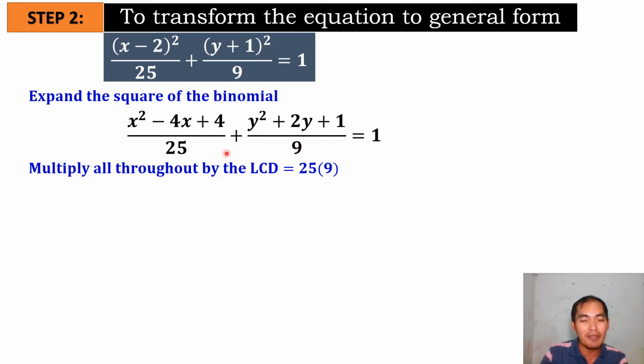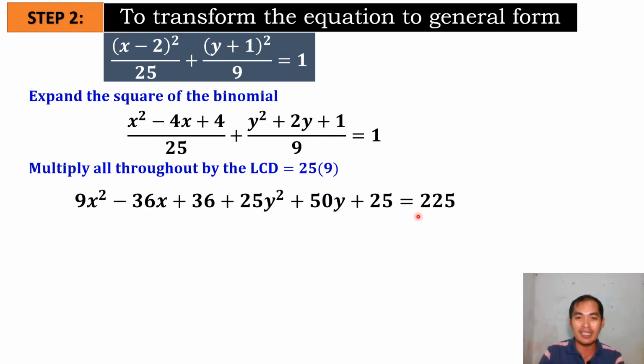At itong 25 naman, i-multiply naman dito sa y. 25 times y squared, 25 times 2y, 25 times 1. Then 25 times 9, i-multiply dito sa 1. So we have this. So 9x squared minus 36x plus 36 plus 25y squared plus 50y plus 25 equals 225.